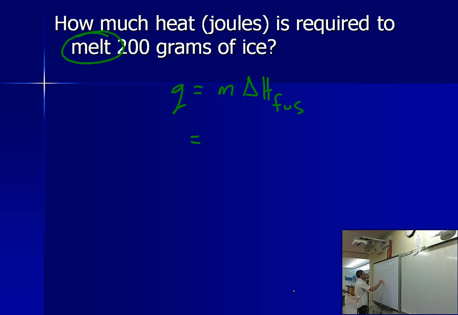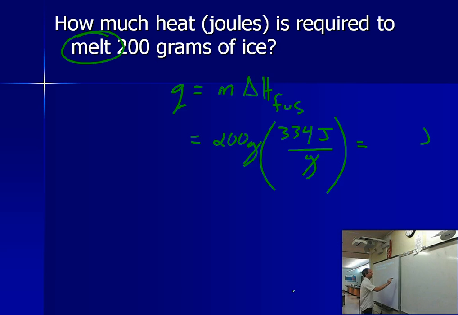The mass here is 200 grams. I look up on my periodic table, the delta H fus is 334 joules per gram. I cancel grams. Notice I'll get joules, and then I just do the math. 334 times 200.